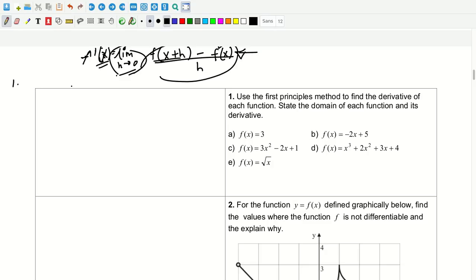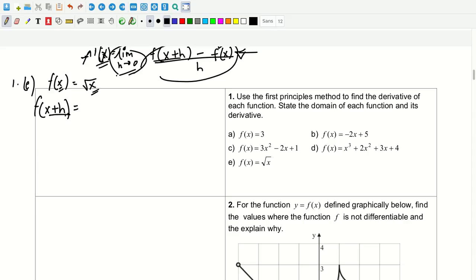Okay, I'm going to go with E. You'll see with E, when we evaluated limits, there was the conjugation method. So f of x plus h means take the input, which is x in this case, and square root it.